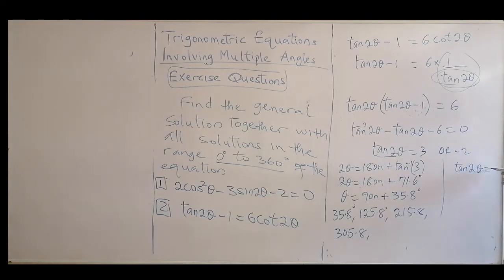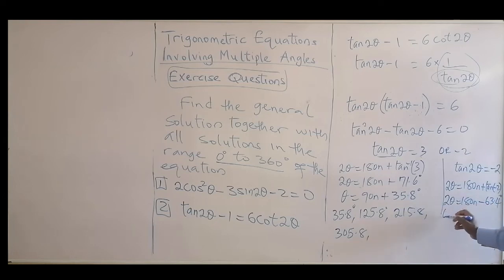So let's do the other one. Tan 2 theta equal to minus 2. The general solution will be 2 theta equal to 180n plus arctan of minus 2, and arctan of minus 2 is negative 63.4.